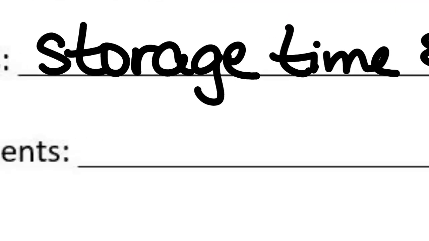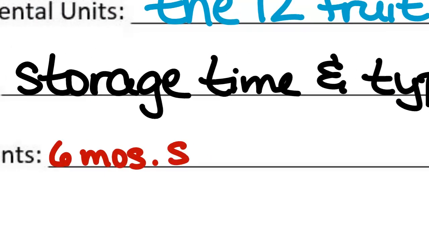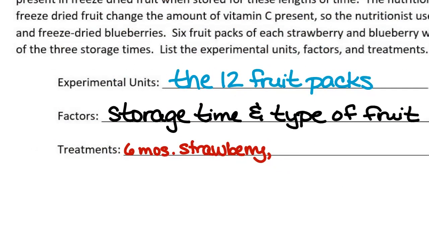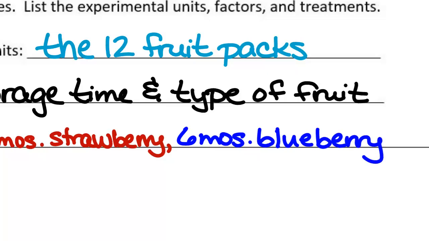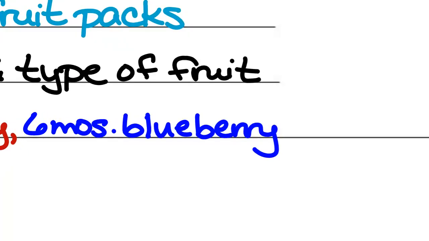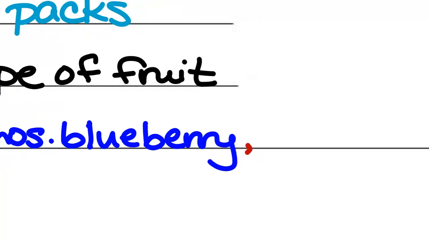The treatments are the different conditions that these 12 fruit packs are going to be assigned to. So we have 6 months for strawberry. We have 6 months for blueberry. What else? 12 months for strawberry.